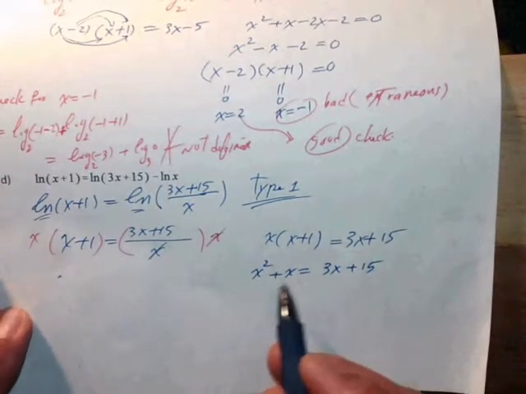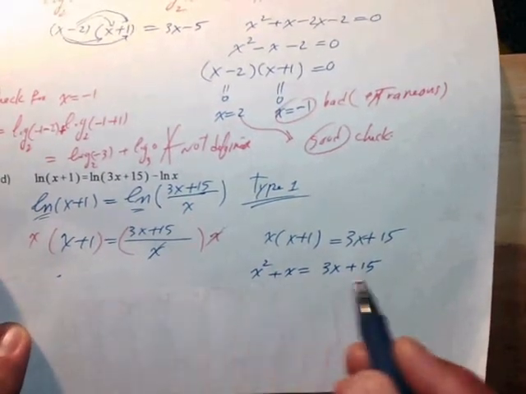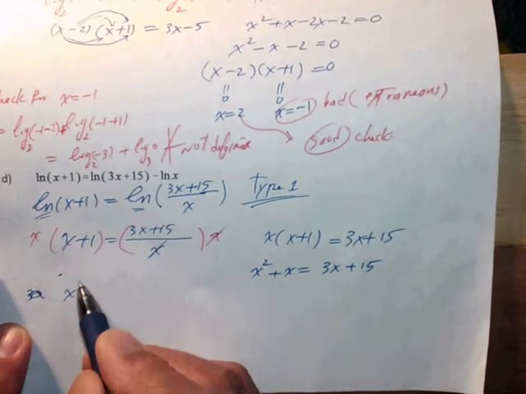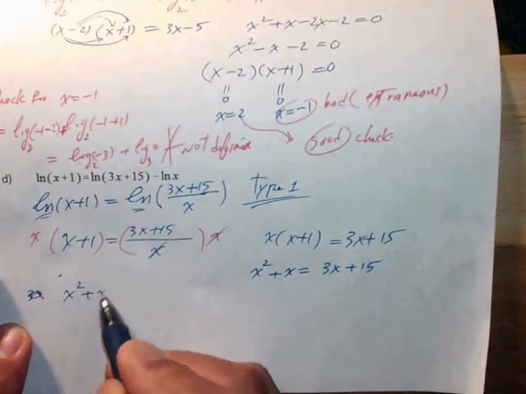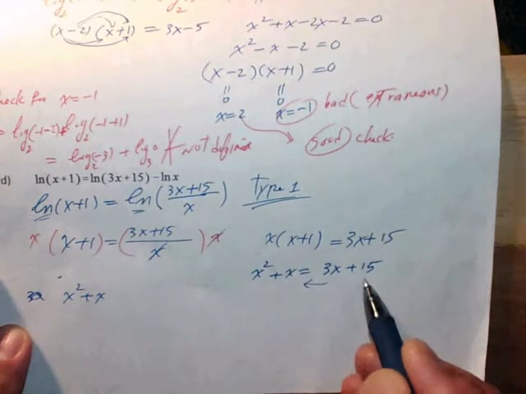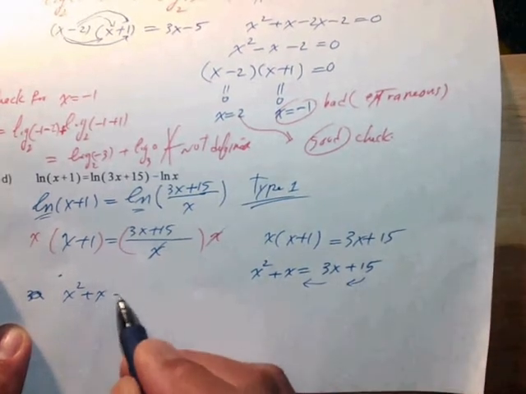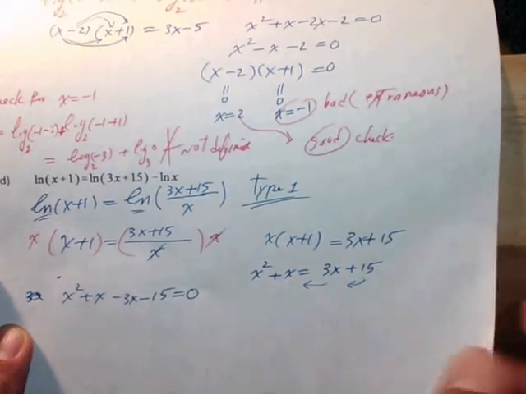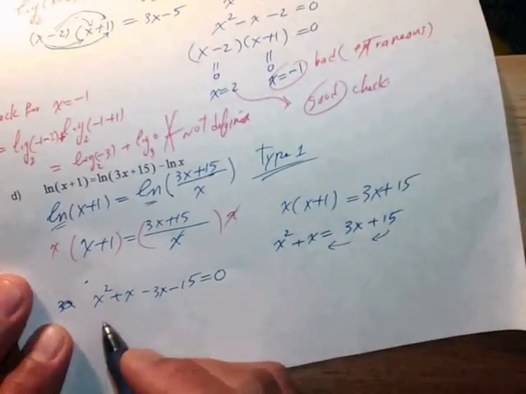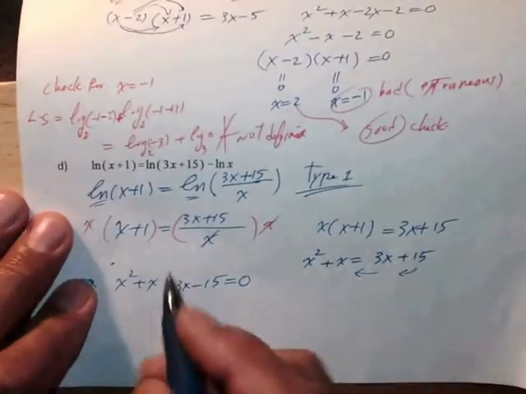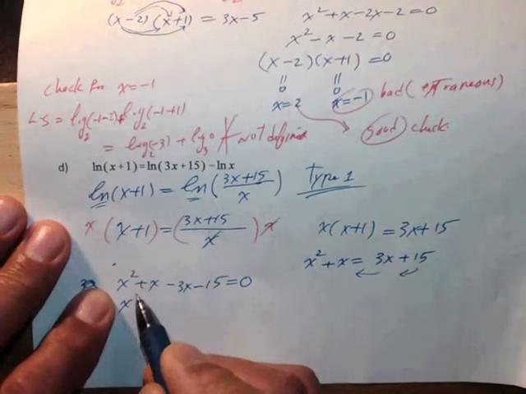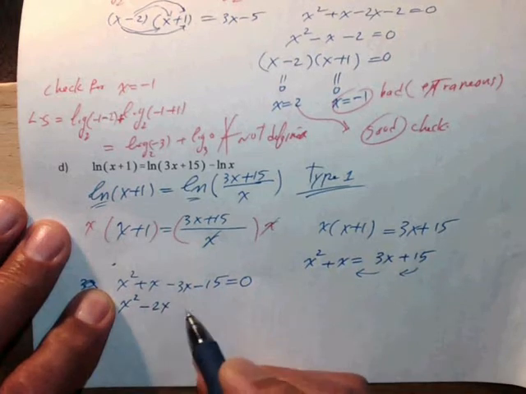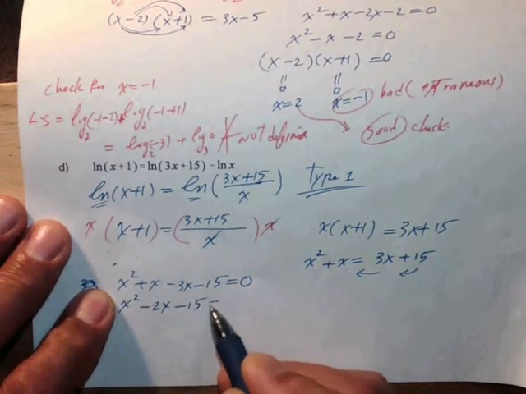And now I have to move everything to the left side to make one side 0. So 3x and 15, both of these two go to the left side, change sign. x squared plus x minus 3x minus 15 equal to 0. If you do a little bit of simplification here, you get x squared minus 2x minus 15 equal to 0.